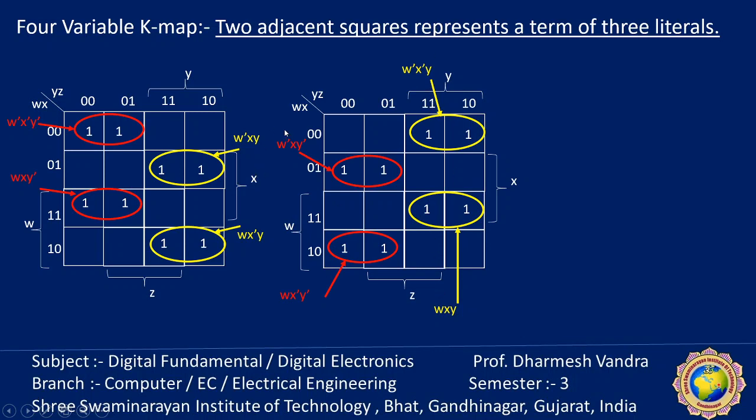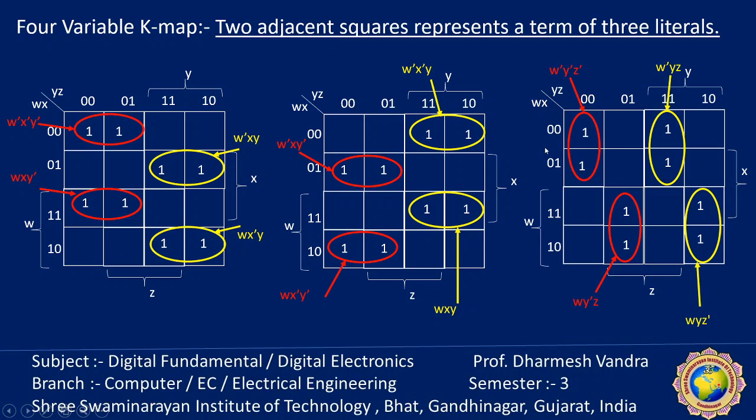So 2 raised to 3, 8 combinations are possible in the form of WXY. Here 4 are shown, 1, 2, 3, 4, 5, 6, 7, 8. So in this way there are a total of 24 possibilities of the three literal function by using two adjacent squares in four variables.